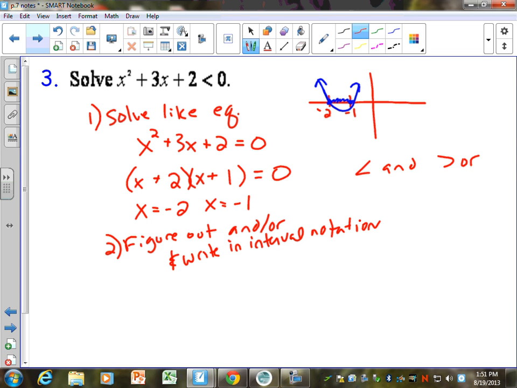If it helps you to write it as an inequality first, like we could say x is bigger than -2, but less than -1, right? That would be that and inequality. You don't have to write it like that if you don't want, but you do have to write an interval notation. How did I know that that was just less than and not less than or equal to?